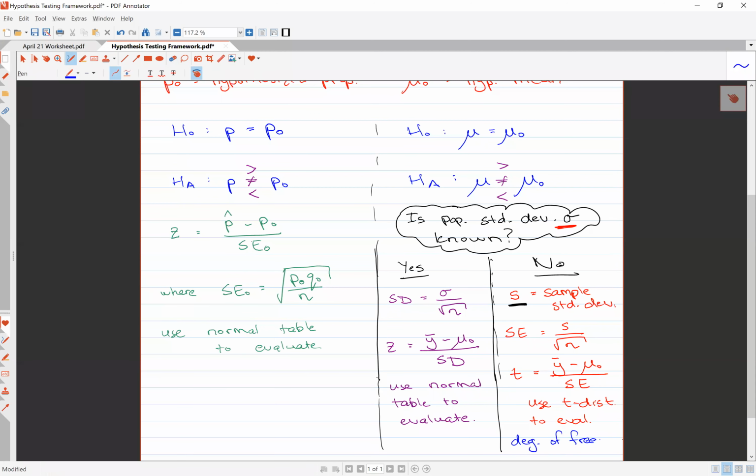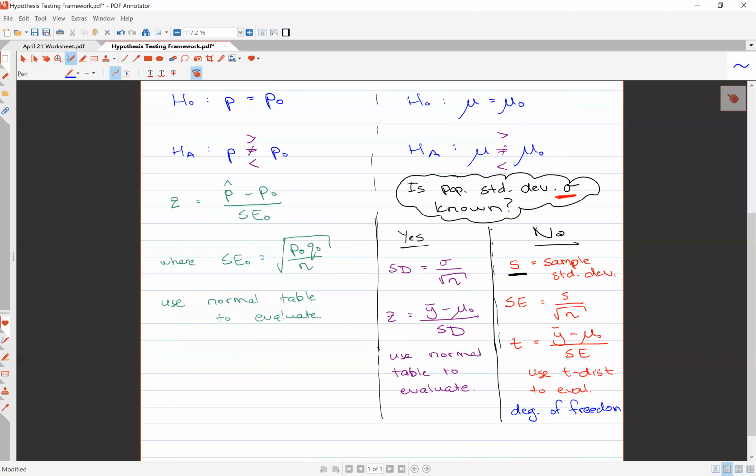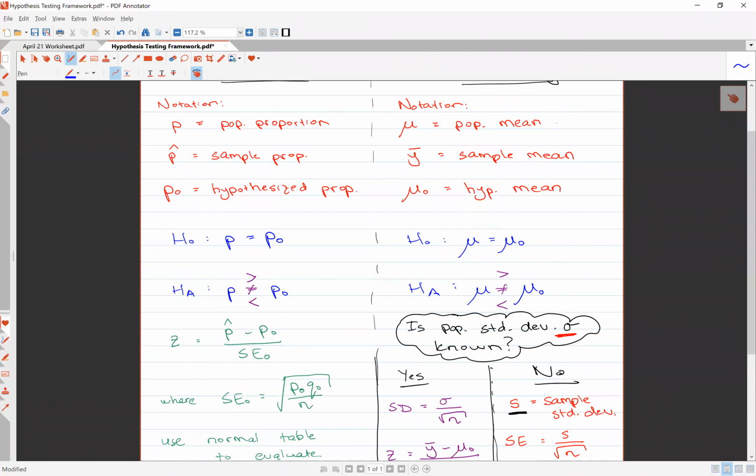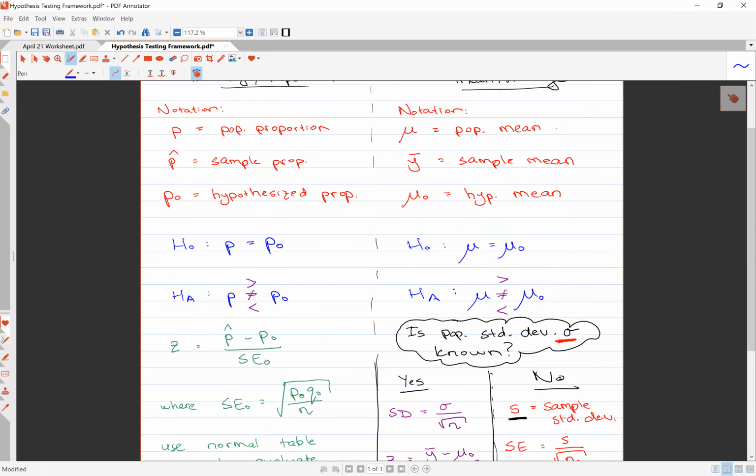Some days I can still spell. And degrees of freedom are just given by sample size minus 1. And we will look at a couple of examples doing this t-distribution calculation today. But this schematic representation should tell you what you need to know to figure out what test to use.